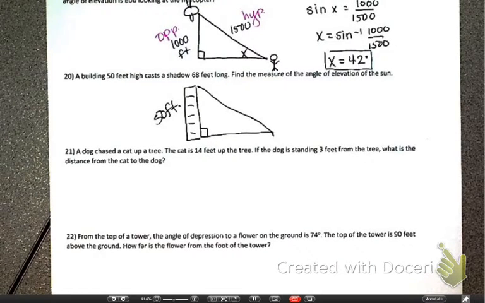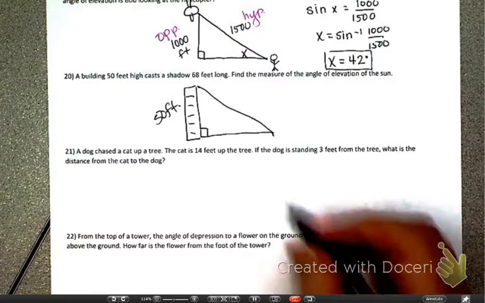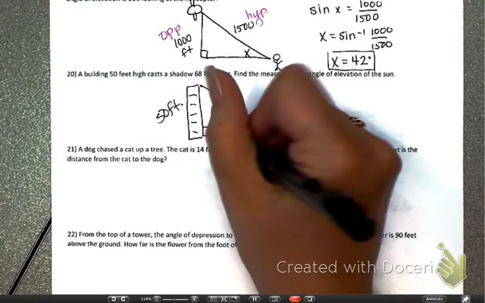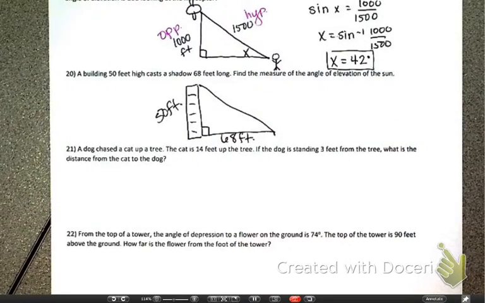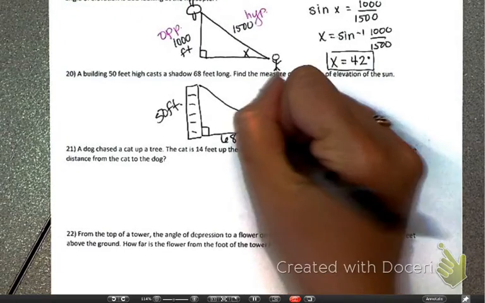On the ground. A lot of people gave me the hand motion of the hypotenuse. If you're outside, do you ever see your shadow floating in the air? It does not float in the air. It is on the ground. Okay, shadows are on the ground. And the shadow of the building is 50 or 68 feet long. Find the angle of elevation.